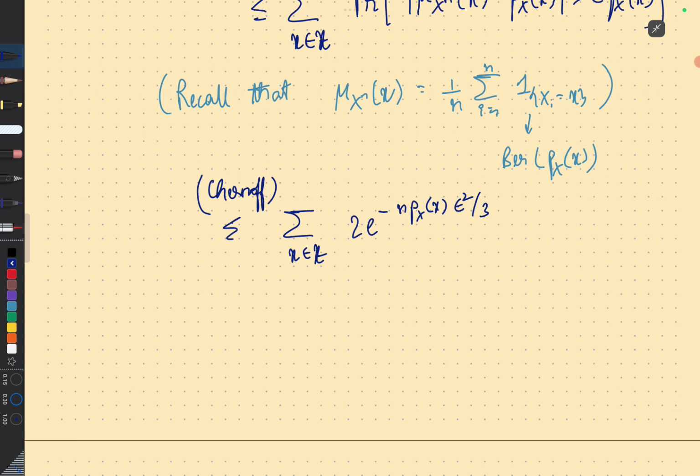All right. So clearly, since the alphabet size is finite, and each of these terms goes to 0 as n tends to infinity, this whole quantity goes to 0 as n tends to infinity for any epsilon greater than 0.